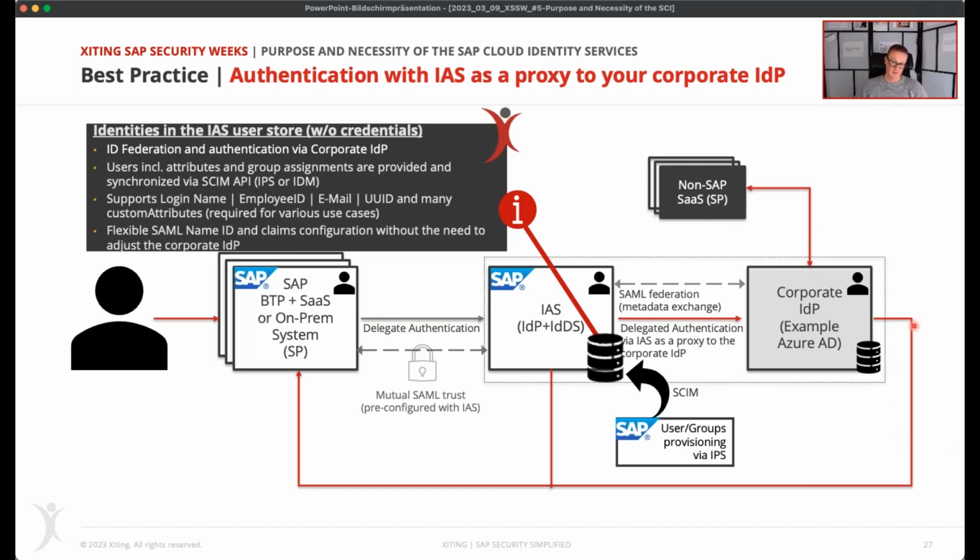As I said before, authentication still happens in Azure. But the user information synchronized from Azure is maybe enriched with further attributes. For example, those users will have a login name, maybe an employee ID, manager information, maybe also these global user identifiers and some potentially required custom attributes that are often required for many SAP software as a service application use cases.